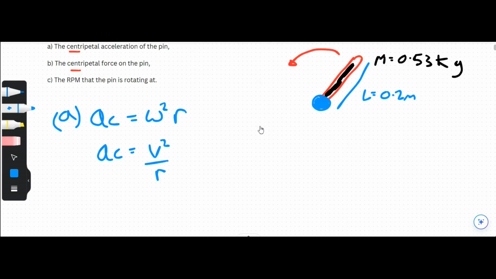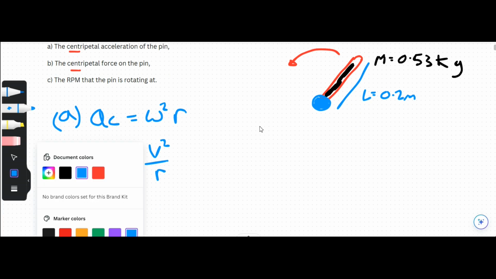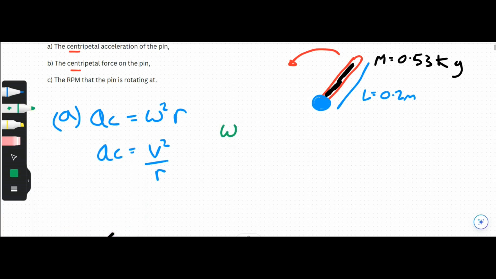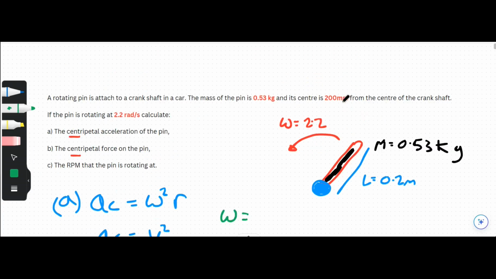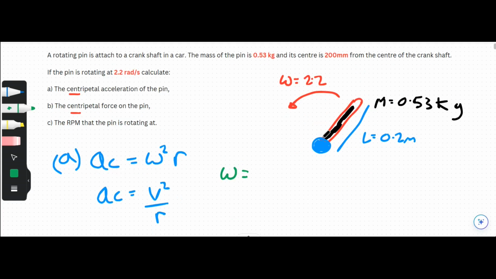Okay. So we know that the angular velocity of this thing is 2.2 radians per second.